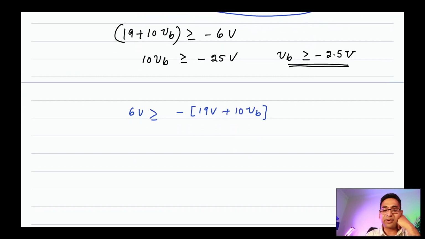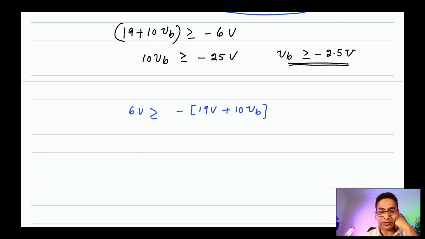Multiplying by negative 1 on both sides, we change the inequality.